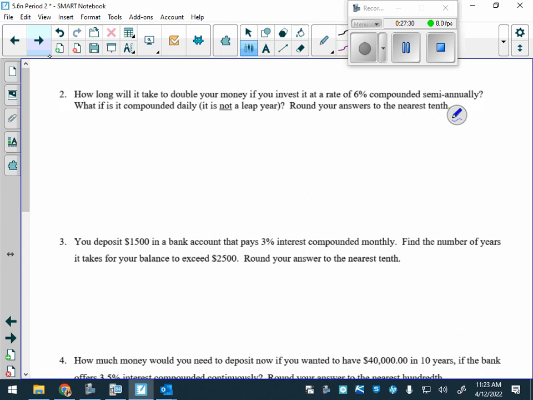One, right? $1. Okay. So if we were to deposit $1, our ending amount would be what? $2. Okay? What is our rate as a decimal? Good. Do we know the time? No, that's what we need to find out.